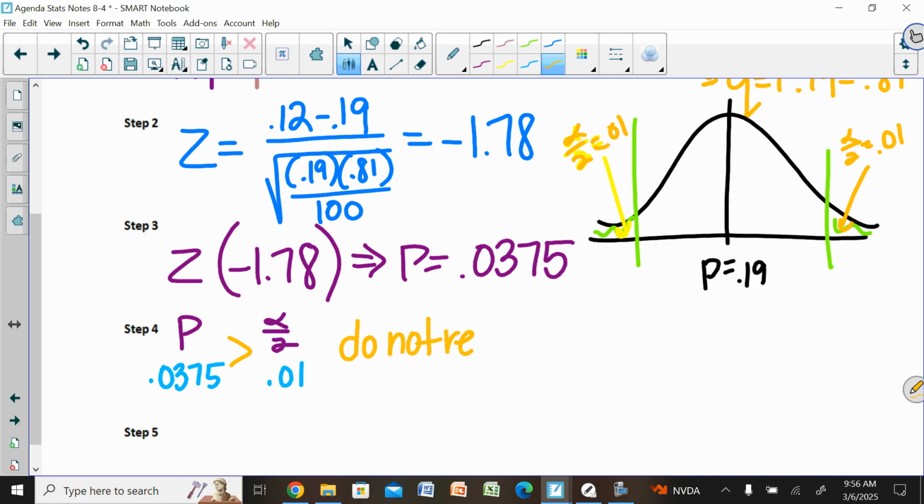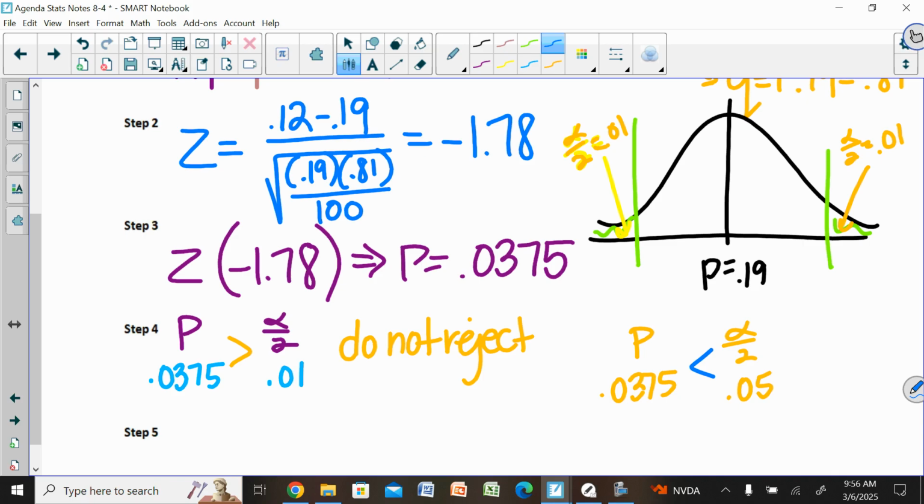I wish that I had changed this problem, because what would have happened if my alpha over 2 value was 0.05? So if I was going to compare a p of 0.0375 to 0.05, let's say my alpha was 0.1, then my p would definitely be smaller.